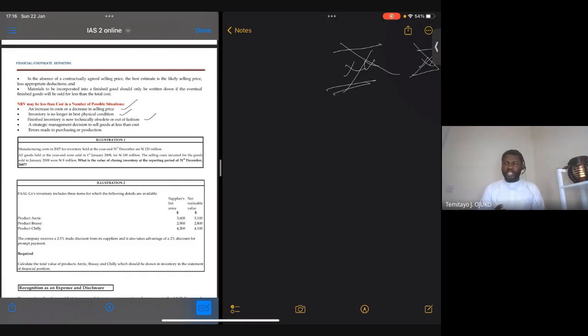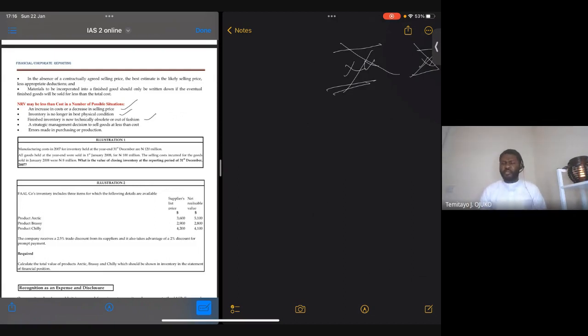The comparison between two versions of an iPhone, iPhone 13 and iPhone 14. Because iPhone 14 is out, the price of iPhone 13 will drop. I think that's just a very good example. Then the next, a strategic management decision to sell goods at less than cost. Probably just to ensure that you have enough customers.